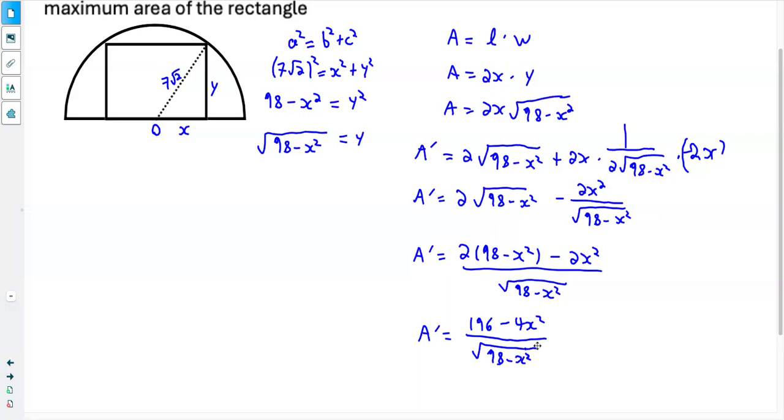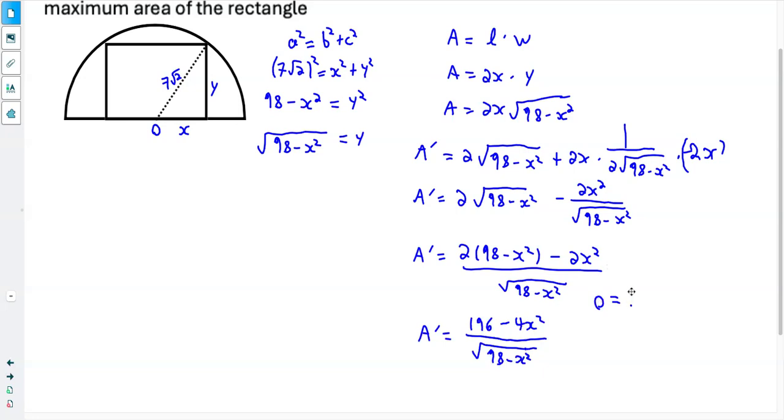Now, we know our critical points are where this equals 0. The only way this can equal 0 is if our numerator equals 0. So we're going to say our numerator is equal to 0.